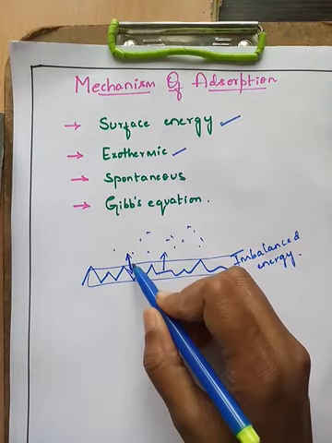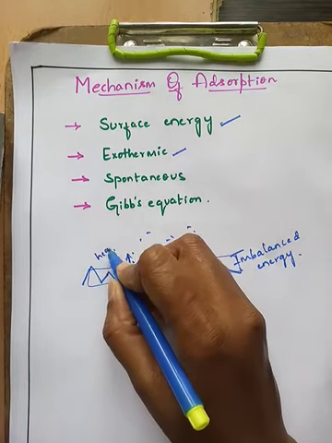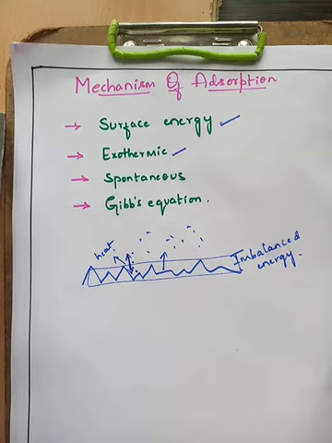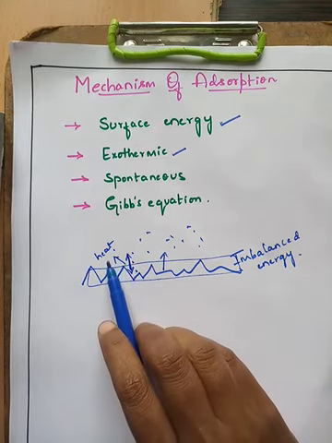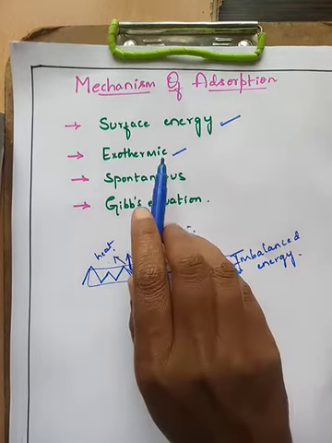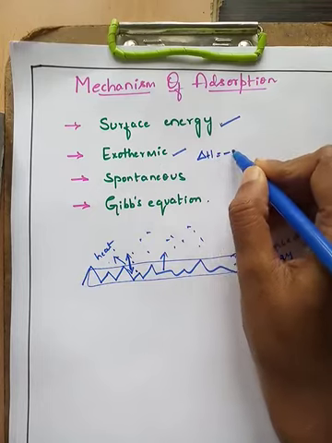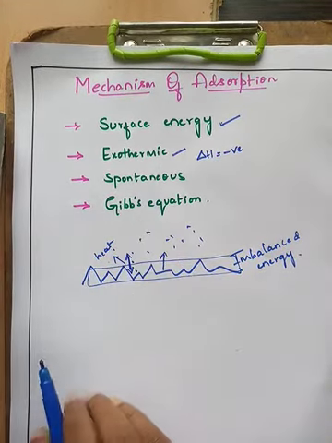You know that whenever a bond is broken, energy is absorbed, and whenever a bond is created, the energy is released in the form of heat. Since it is an exothermic reaction, the change in enthalpy will always be negative, and it is a spontaneous reaction.